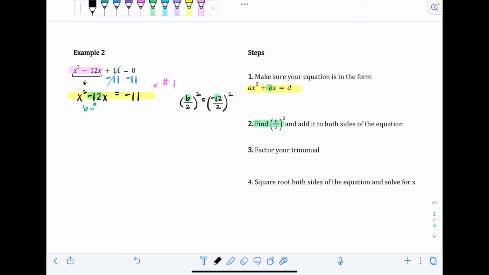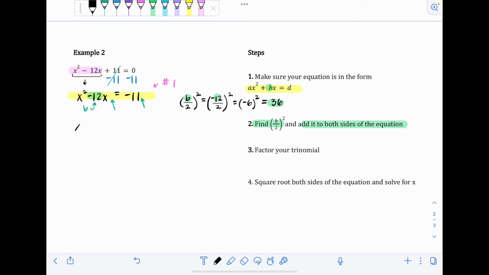We divide inside first, so negative 12 divided by 2 is negative 6, and then we have to square that. Negative 6 squared means negative 6 times negative 6, which is a positive 36. So that positive 36 is what we're going to add to both sides of the equation. We'll add it right here, and then right here after the negative 11.